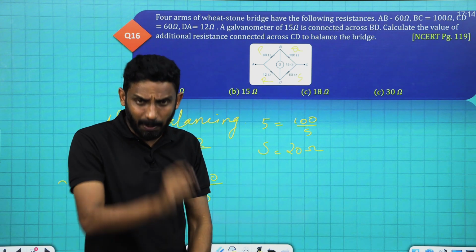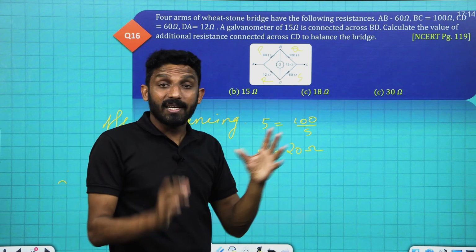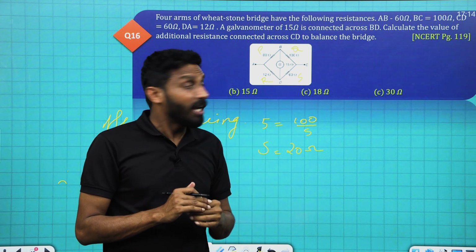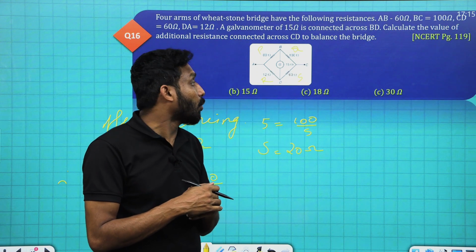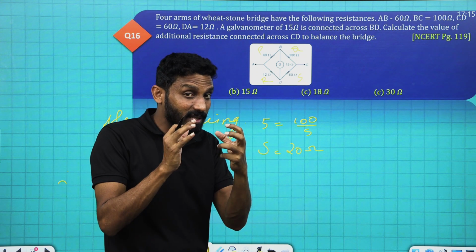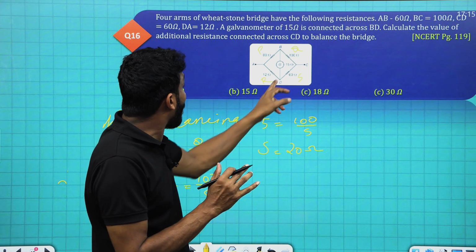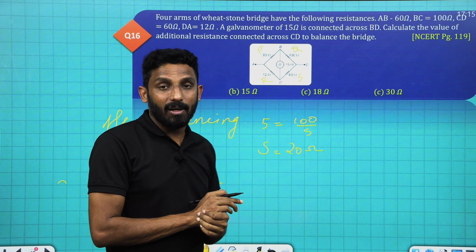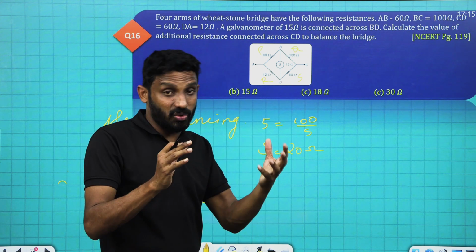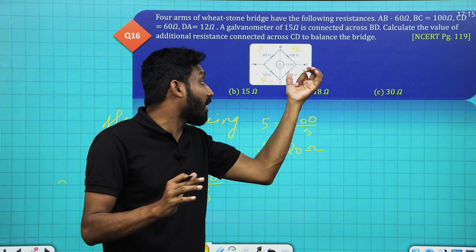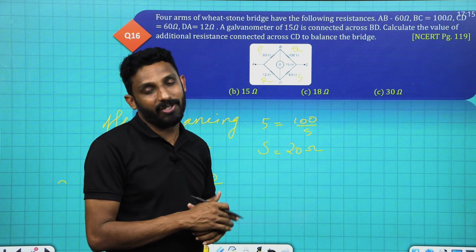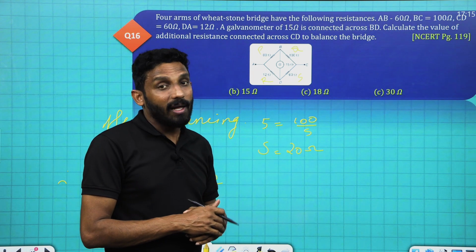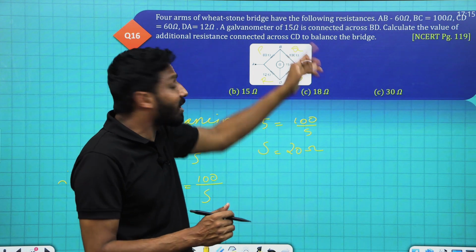At present the resistance here is 60 ohm. In order to reduce the resistance here, we have to connect some resistor in parallel with 60 ohm. Then only this equivalent resistance will be reduced to 20. How much is to be connected? That is the question.